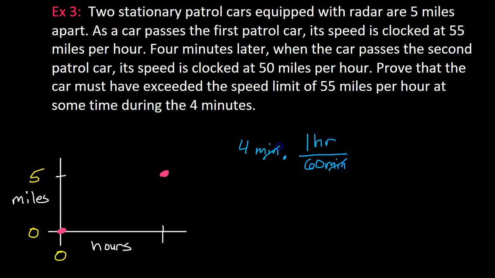The minutes cancel out. So that gives you 4 over 60 hours, which reduces down to 1/15 of an hour. So that means the car passes the second patrol car at time 1/15 of an hour.